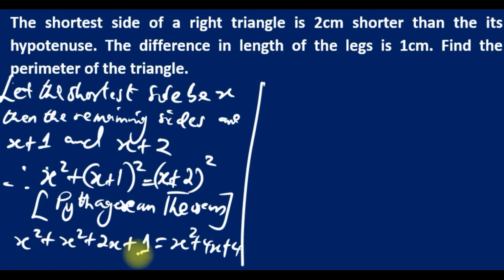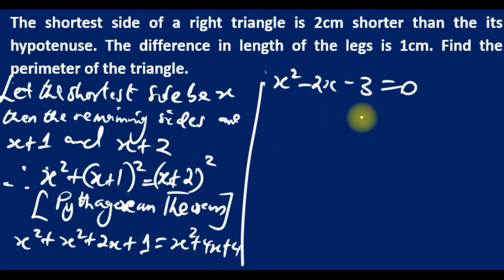So the x squared terms cancel, and we are left with 2x minus 4x, which is minus 2x. And 1 minus 4 is minus 3, equal to 0.